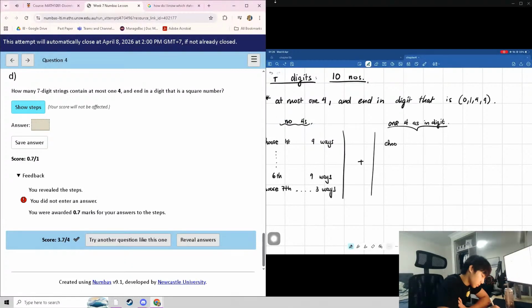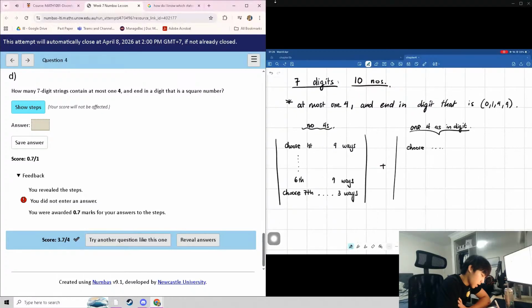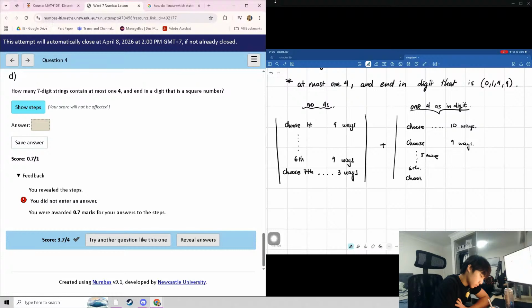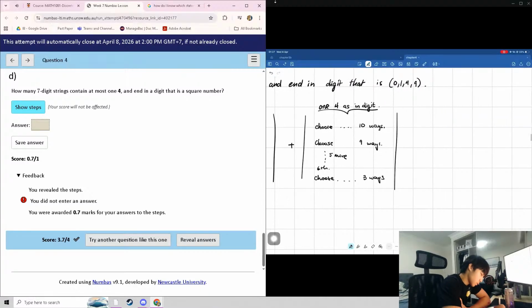So choose one thing 10 ways and choose the other 9 ways. Choose the last, 3 ways. And one 4. Order does matter.